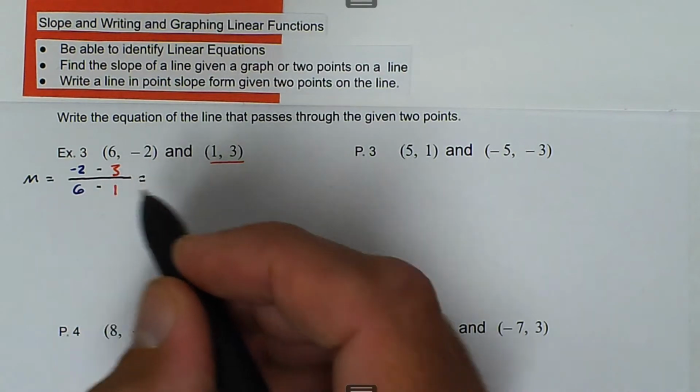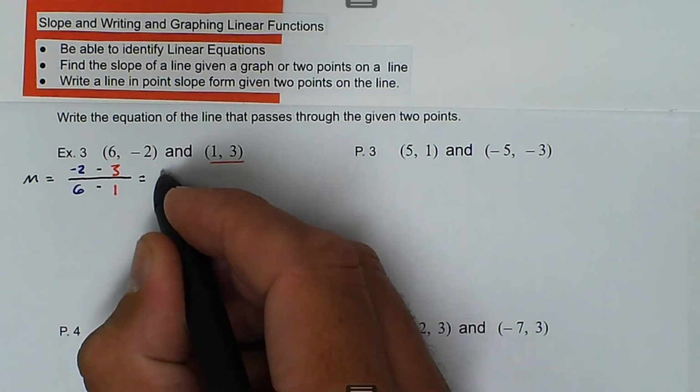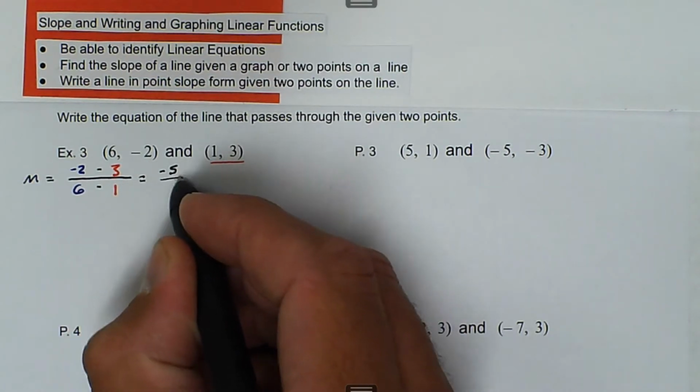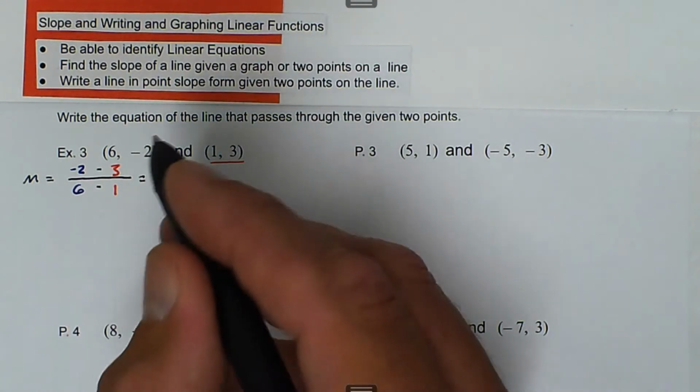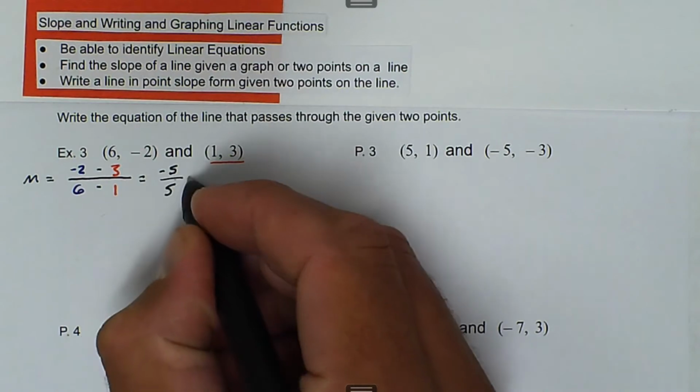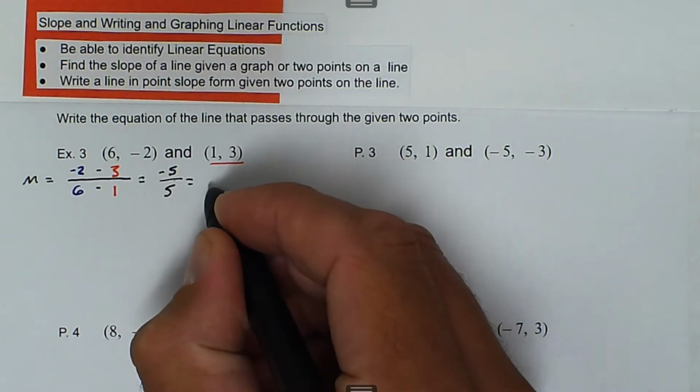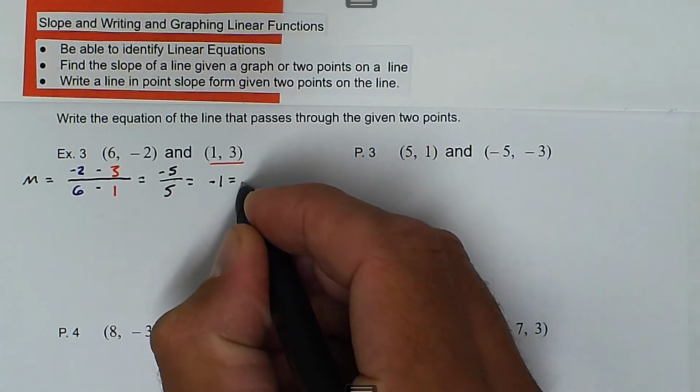So negative 2 minus negative 3 is negative 5. And then we divide by 6 minus 1, which is 5. And then we get negative 1 as the slope.